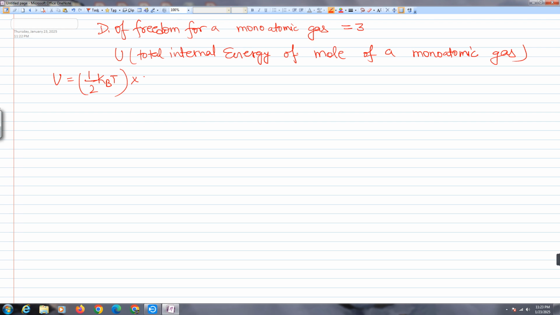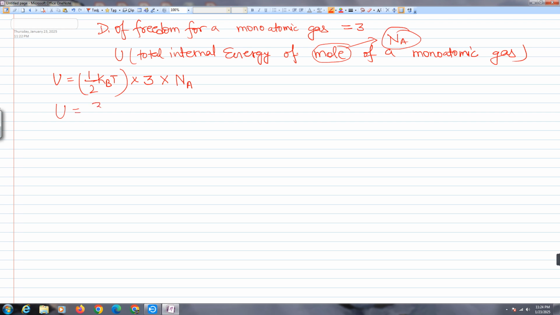It will be multiplied by 3 because the total number of degrees of freedom of a monoatomic gas molecule moving in space is 3, and multiplied by Na. What is Na here? It is the Avogadro number, because we are going to find the value of U for 1 mole, and in 1 mole the number of molecules is Na. So this is the value of U.